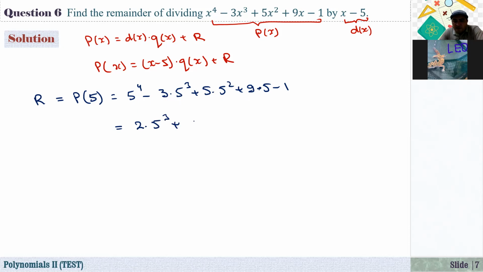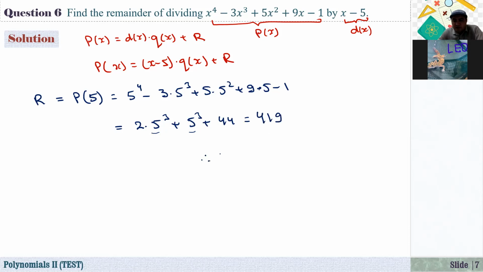Plus 5 times 5 squared, that is 5 cubed, plus 45 minus 1 is 44. And 2 times 5 cubed plus one more 5 cubed. 5 cubed is 125, and 3 times 125 is 375. And 375 plus 44 is equal to 409.